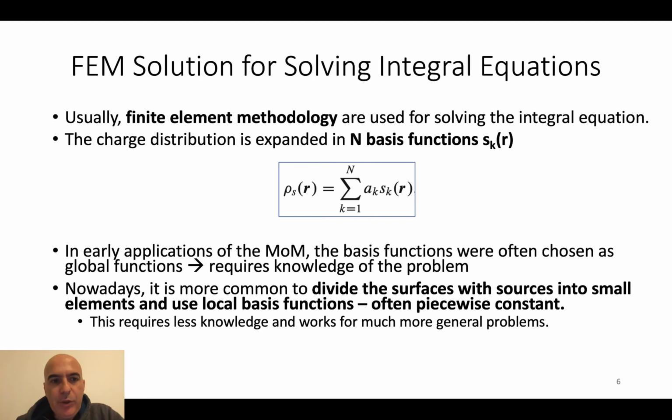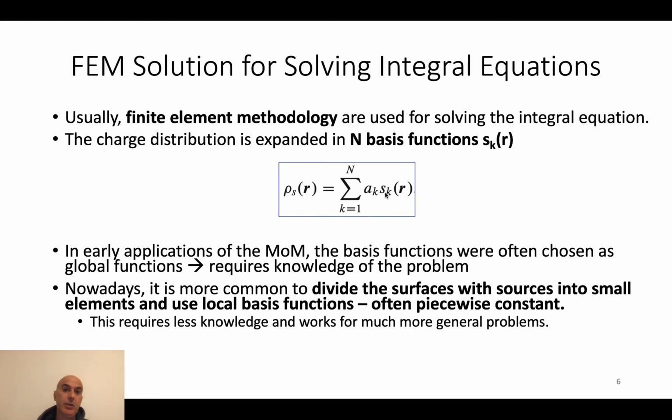In this case, what we're going to do is to use a series expansion. The source, in this case the charge distribution, is expanded in N basis functions s_k, depending on r. So this is our following expression here. So we're going to represent our source using the finite element technique.